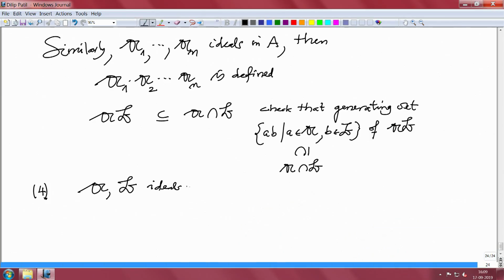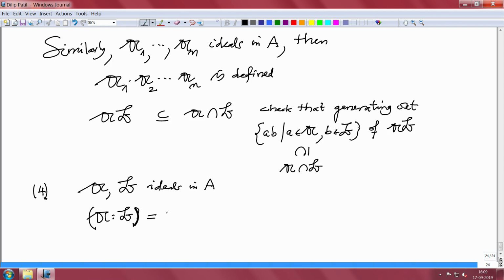We cannot write 𝔞 divides 𝔟, but this is similar to that. So, for two ideals in A, I am going to define a colon ideal, 𝔞 colon 𝔟.